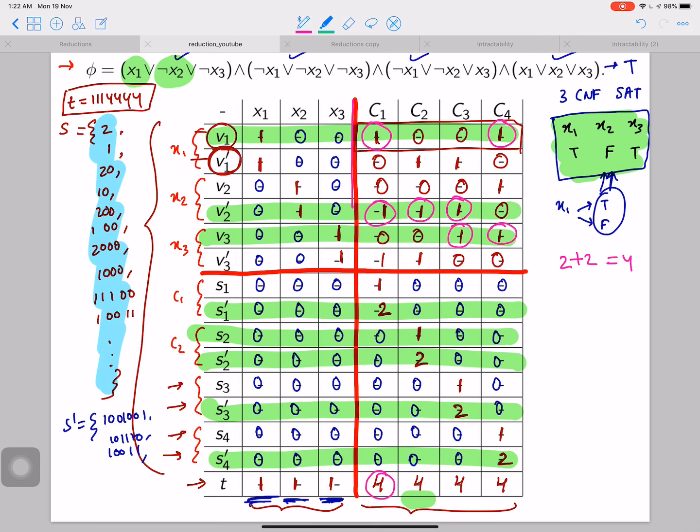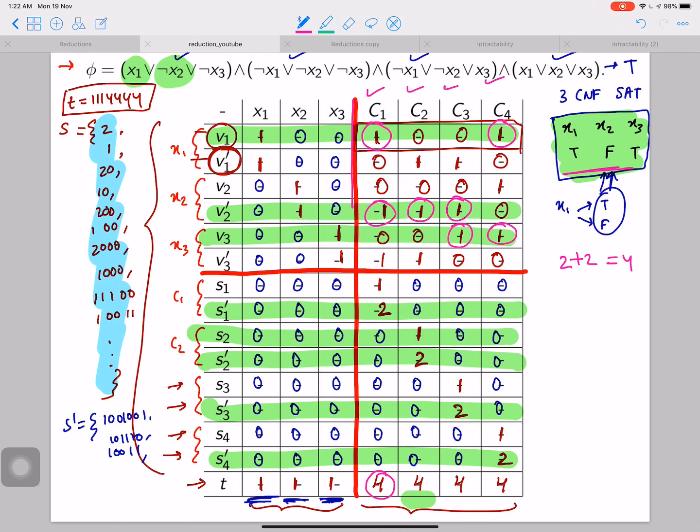You can see that if the assignment of x1, x2, x3 didn't satisfy the SAT formula, that means at least one of the clauses was not satisfied by the assignment.